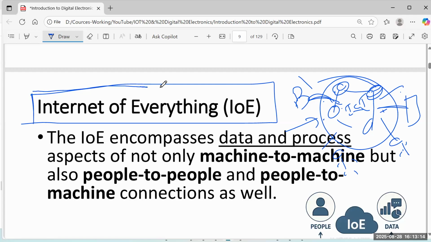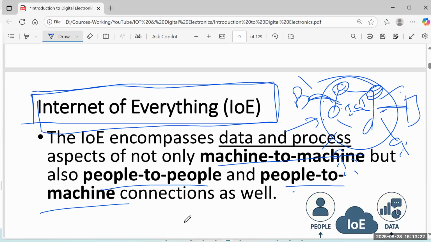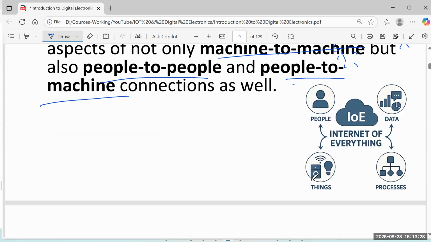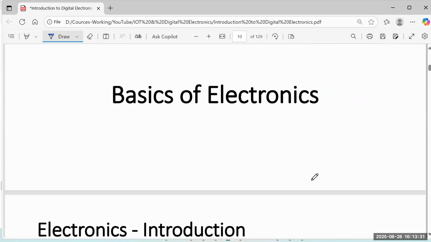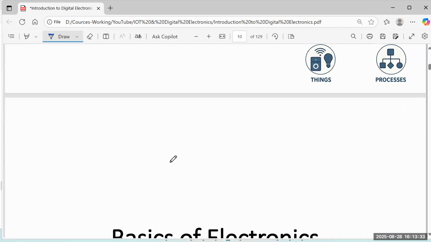Actually, now we are into the Internet of Everything as well, because it includes machine to machine, people to machine. The machine can be a computer or any other smart thing. Is it clear? So that is what IoT and IoE is. So that's it about IoE.